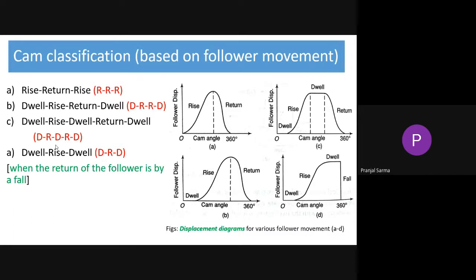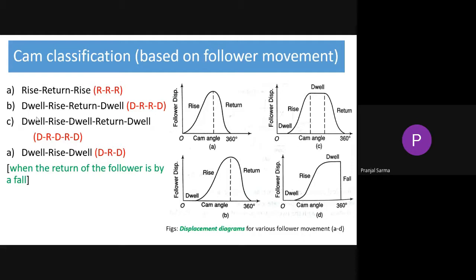Now the cam classification based on follower movements is done based on what kind of stroke there is. The first one is the RRR type of cam, which stands for rise, return, rise. From the type name itself, we understand what kind of movement the follower is getting.